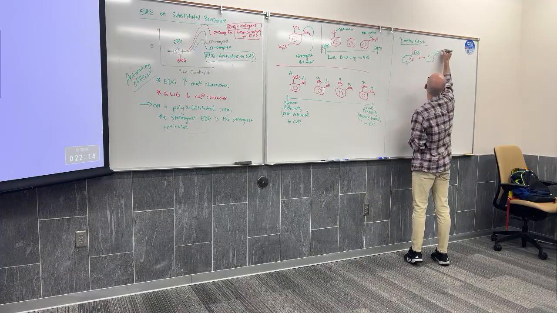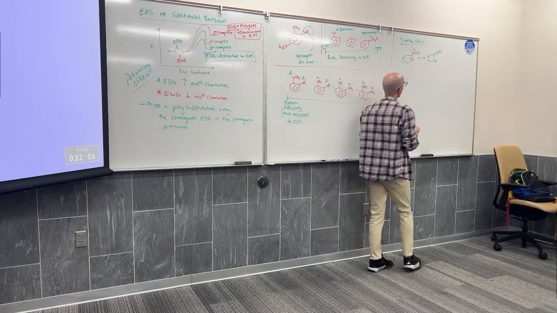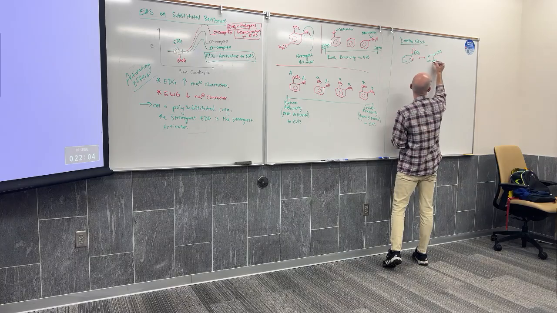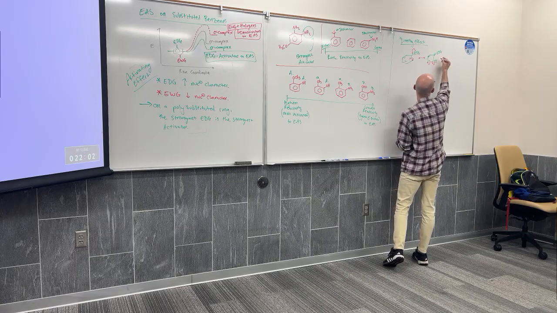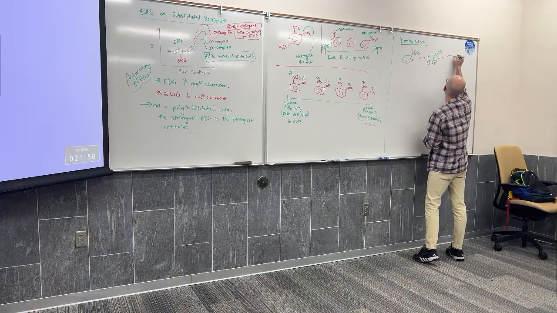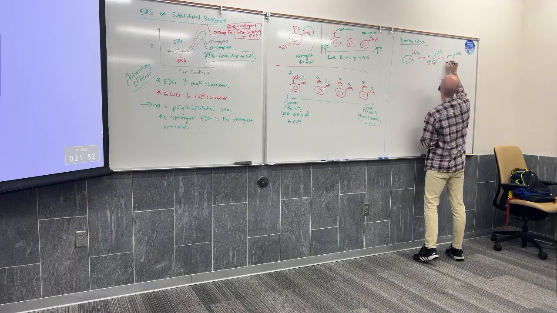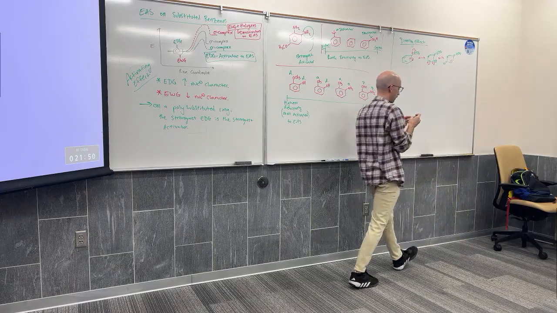Then we can draw these resonance forms that say there's a negative charge on this carbon in the ring. Lone pair goes in, lone pair comes out. There's a negative charge on this position in the ring.